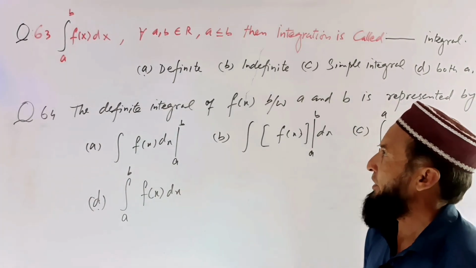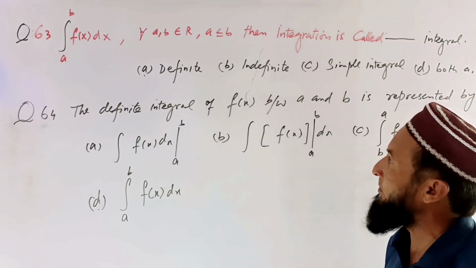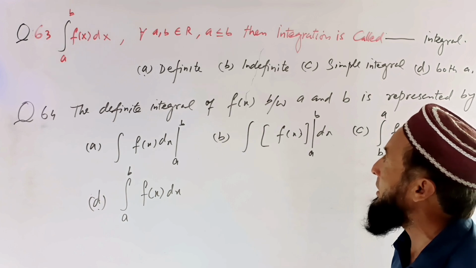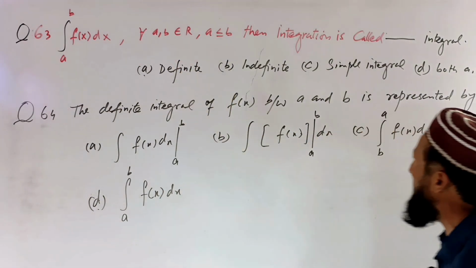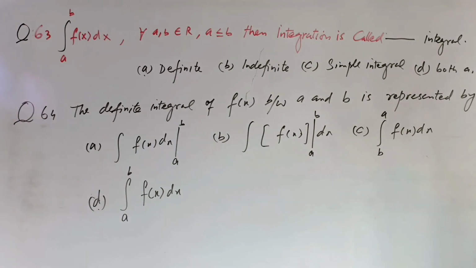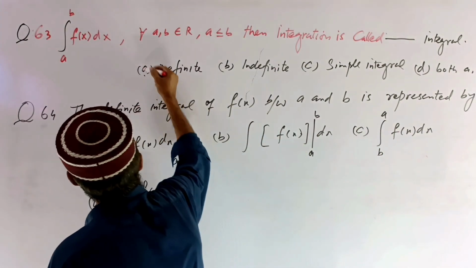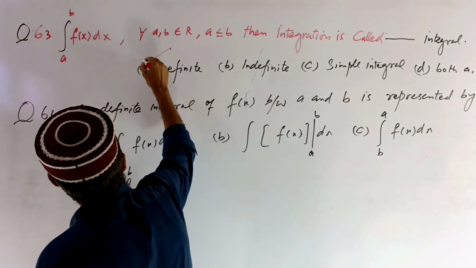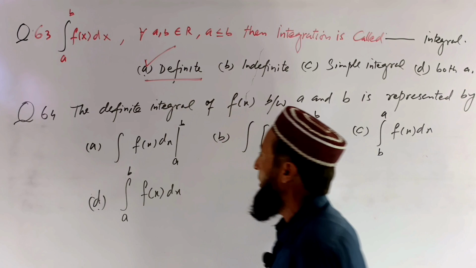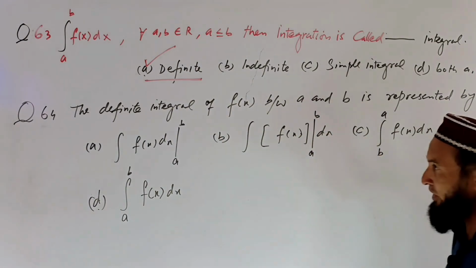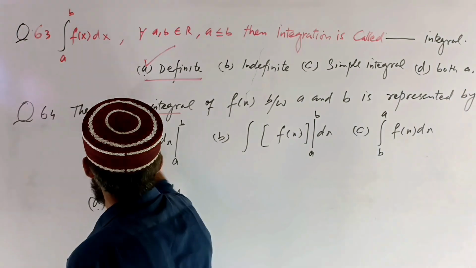Lower limit of integration is a and upper limit is b, f of x dx, for all a and b belonging to real numbers, a less than or equal to b, then the integration is called a definite integral. When the upper and lower limits are given, that is called a definite integral. Question number 64, definite integral.